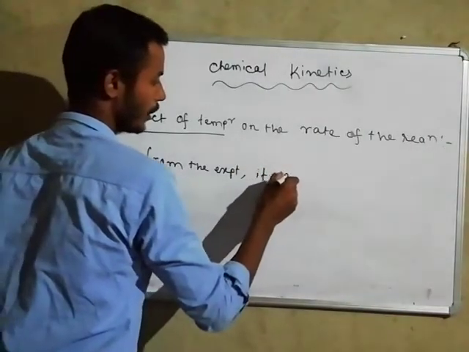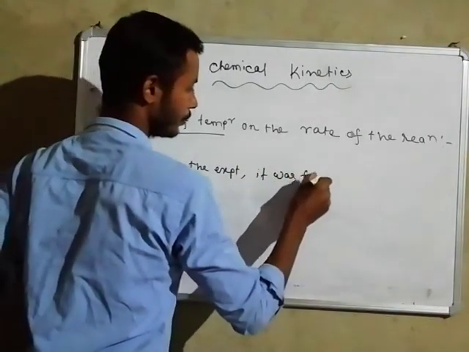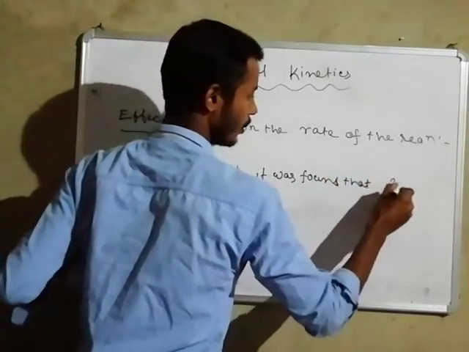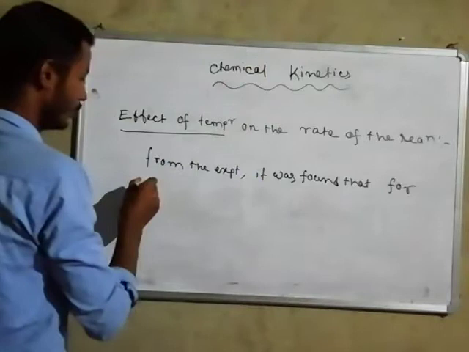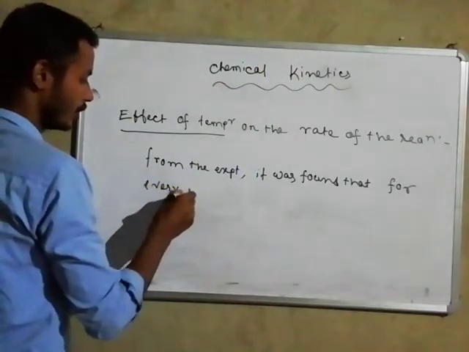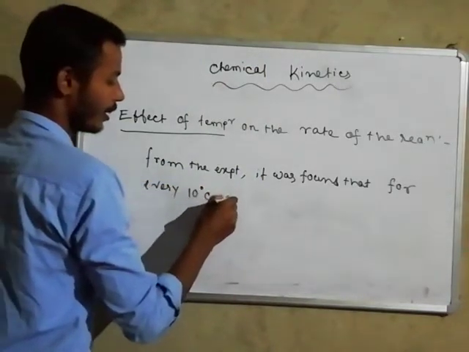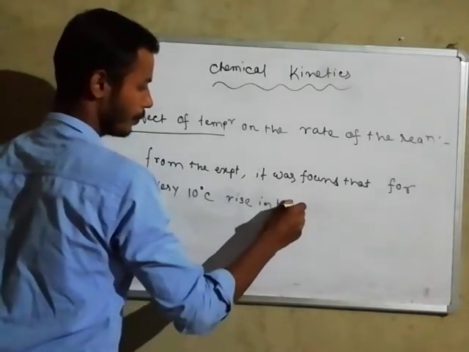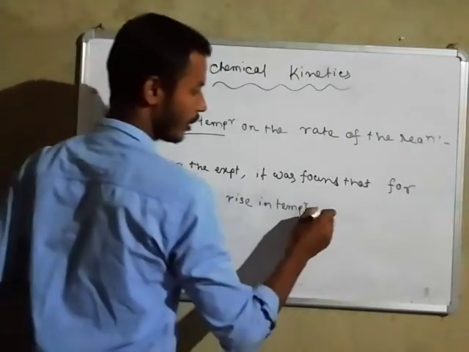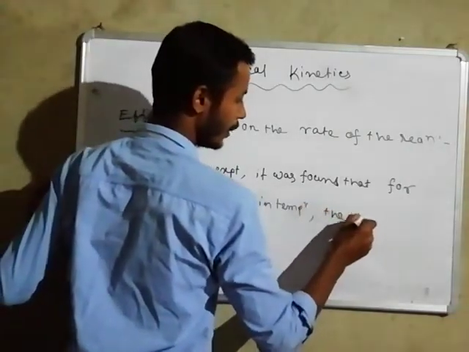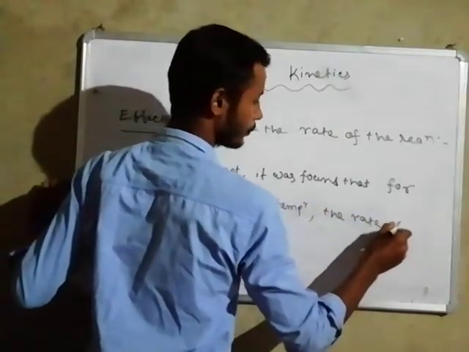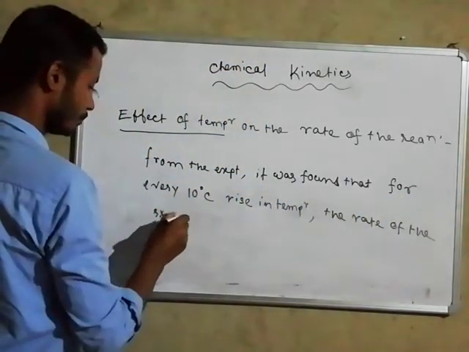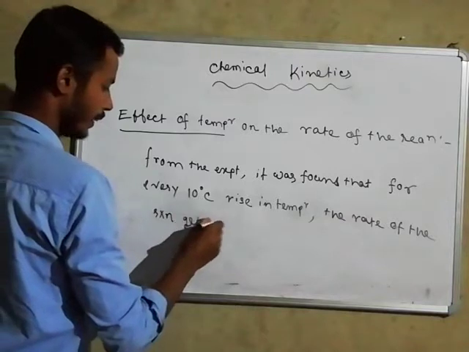it was found that for every 10 degrees centigrade rise in temperature, the rate of the reaction gets doubled.